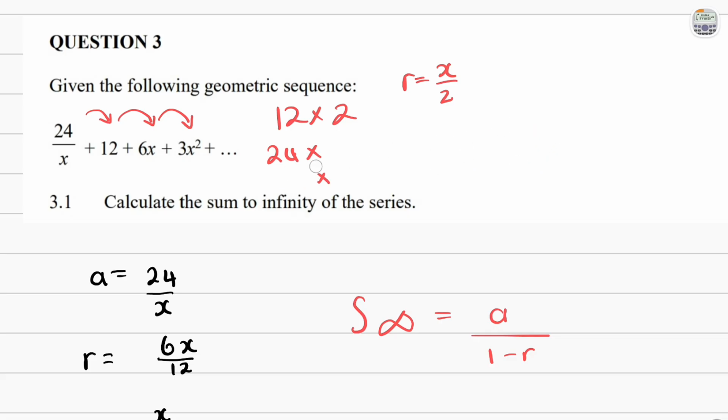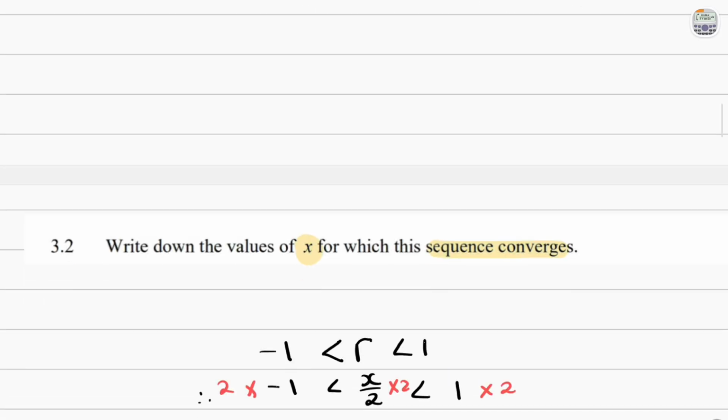Okay, so that is how we would control it. We can focus on R since R is what you multiply to the previous term to get the next term. If we ensure that the value of x is greater than 2, so it becomes an improper fraction, it's going to make your terms increase. So that is our answer.